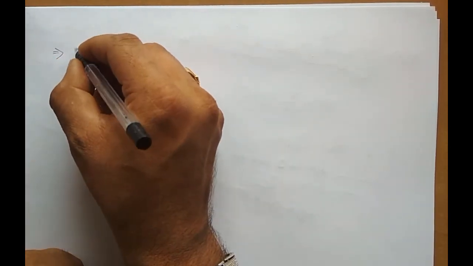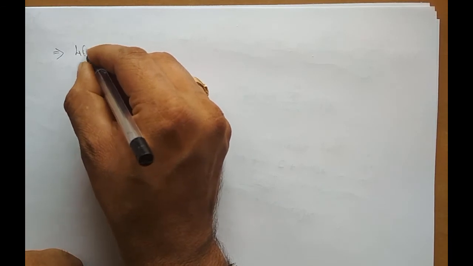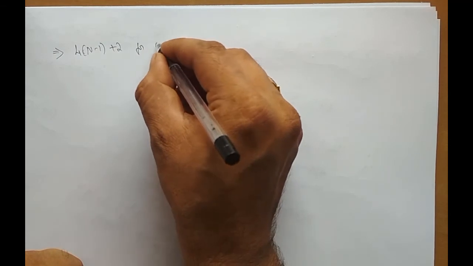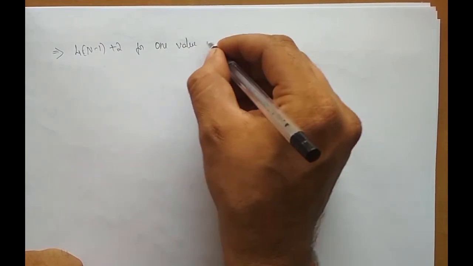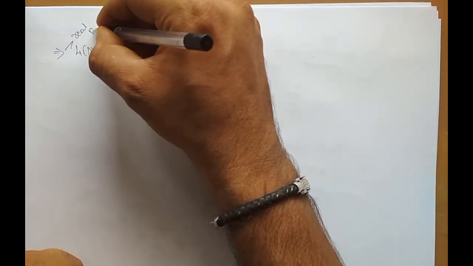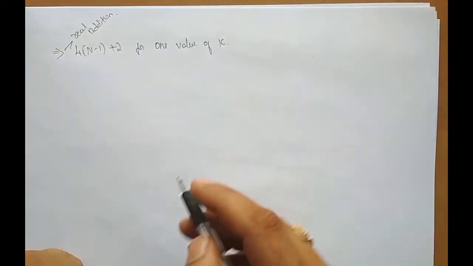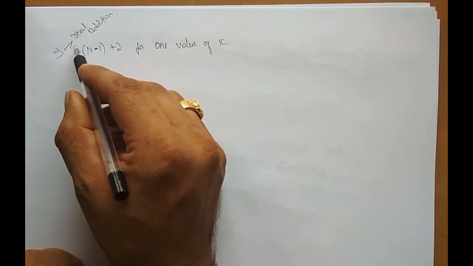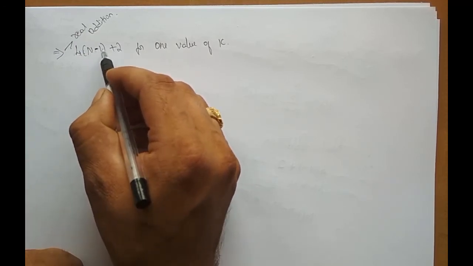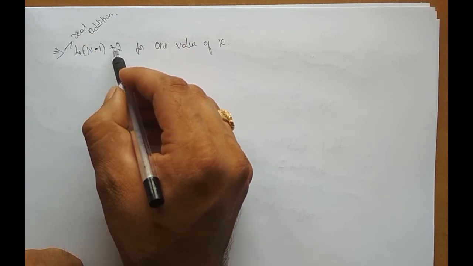Let me write it as a summary. So point number 1, it requires 4 times n minus 1 plus 2 for one value of k. So what is this? This is real addition. So real addition requires 4. Why 4? Because I have 4 summations, each summation requires n minus 1 real additions, plus 2, just to put it in terms of a plus jb form, another 2 additions it requires.